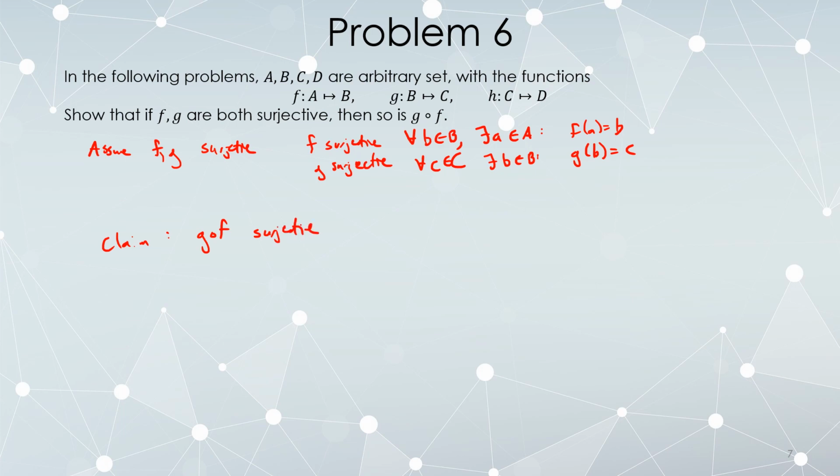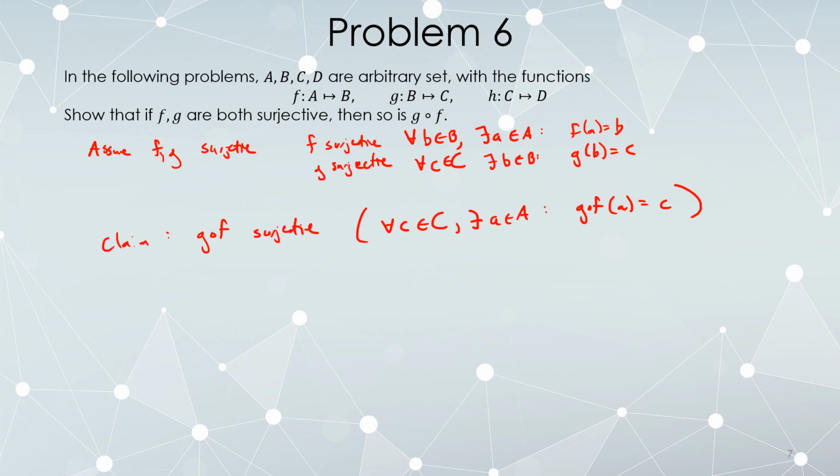Okay, and remember, just as in the last problem, since f goes from A to B and then g goes from B to C, g composed with f goes from A all the way to C. So this function has domain A and codomain C. So if the codomain is C, the claim is that for every element of the codomain, there exists something in the domain. But remember, the domain of this composition is actually the set A, such that g composed with f of A equals C. And again, I've put this in parentheses to try to highlight, we do not know this is true. This is our assertion.